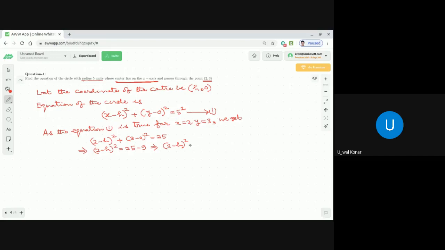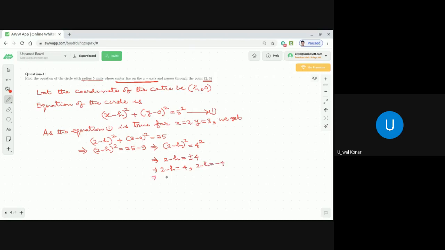Let me write properly. Sometimes in the digital board it gets improper. So this implies 2 minus h is equal to plus minus 4. So 2 minus h is equal to 4 or 2 minus h is equal to minus 4.